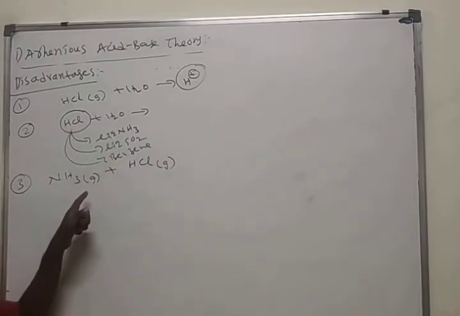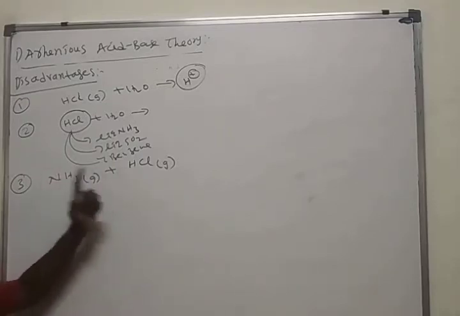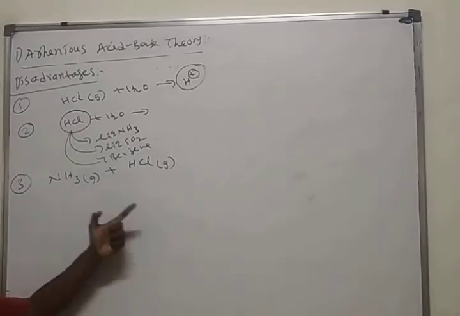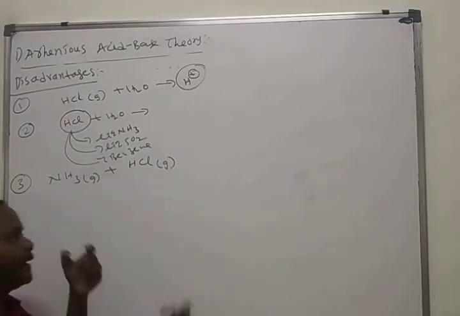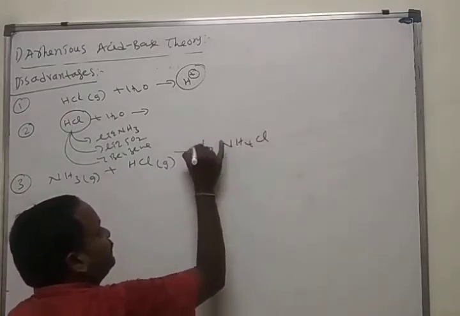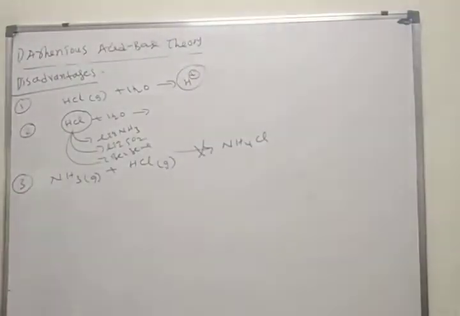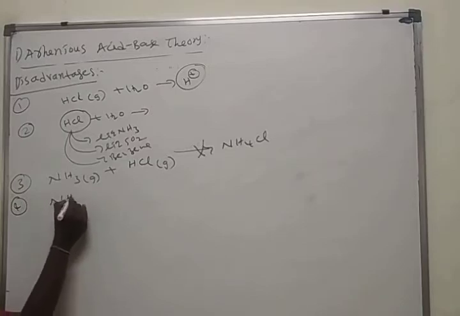But when we consider the nature of these two molecules, one is a base and one is an acid. The theory fails to explain the neutralization reaction between ammonia and hydrochloric acid. So this is also one of the disadvantages of Arrhenius acid-base theory. And it fails to explain the basic nature of ammonia.